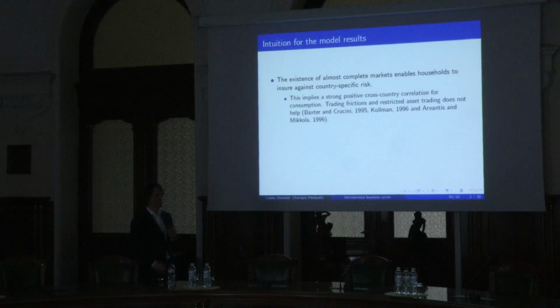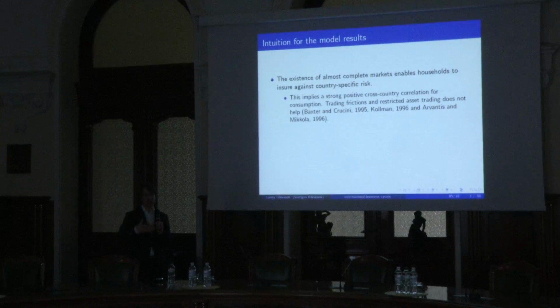the reason for the first puzzle is easy to understand, basically, because in these models you have two economies, and through financial markets, households can insure against country-specific risk. So they can diversify away that risk.